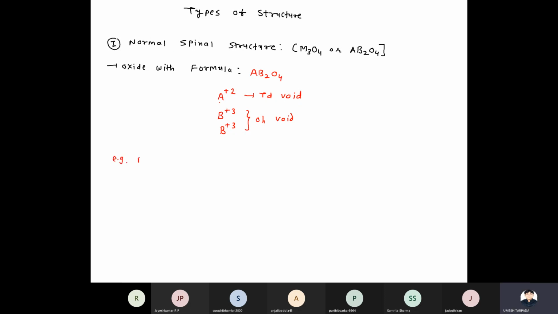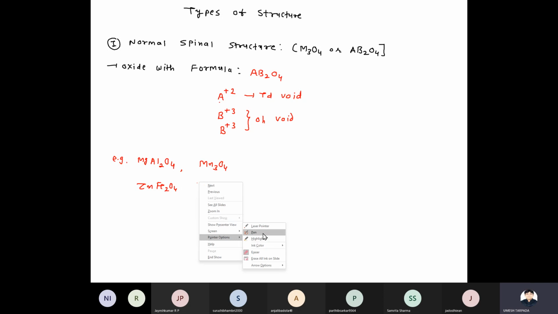For example, you can have the formula MgAl2O4, or Mn3O4, or ZnFe2O4, or FeCr2O4.